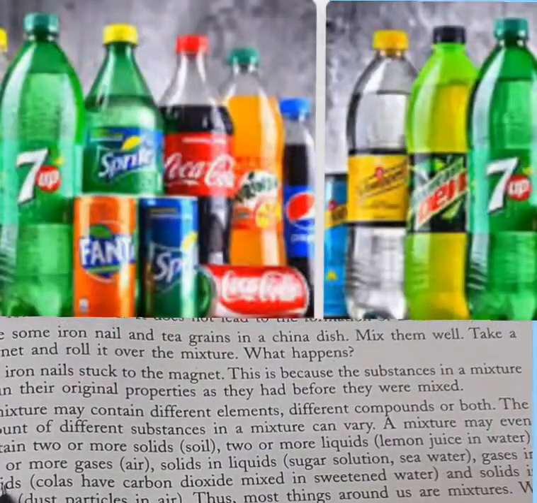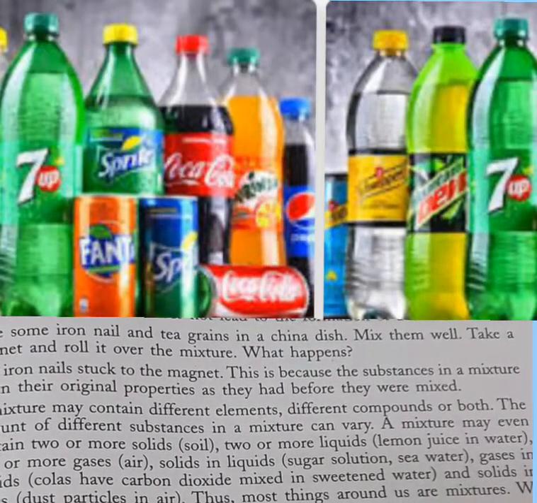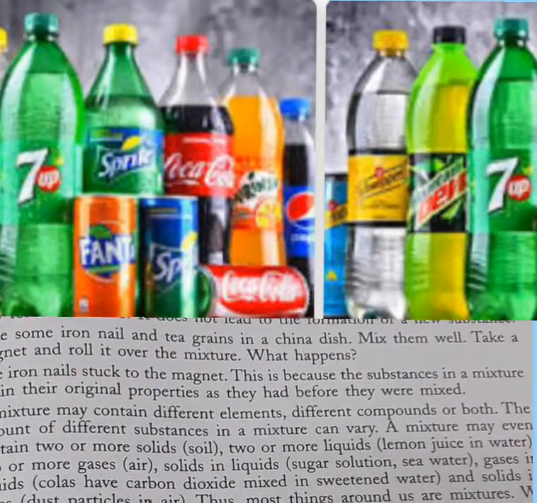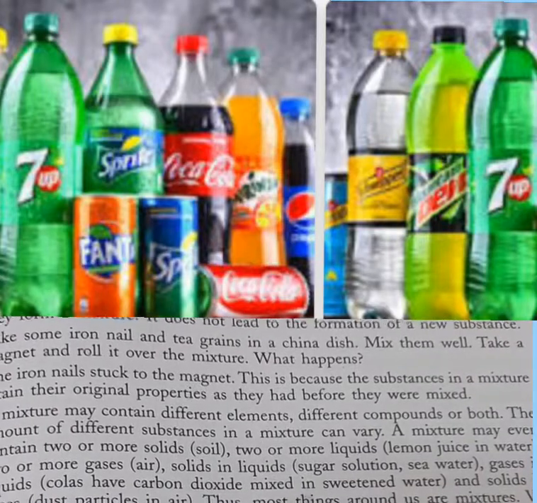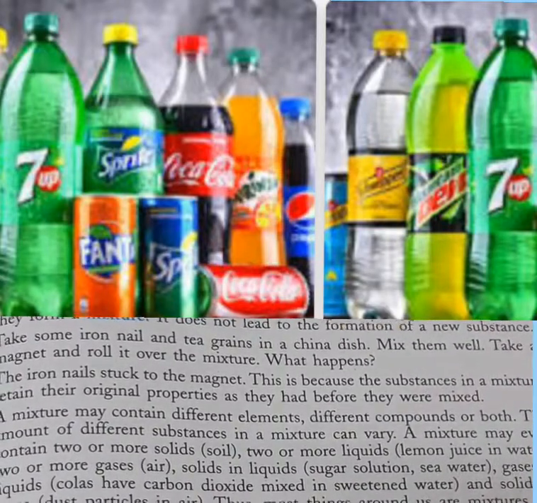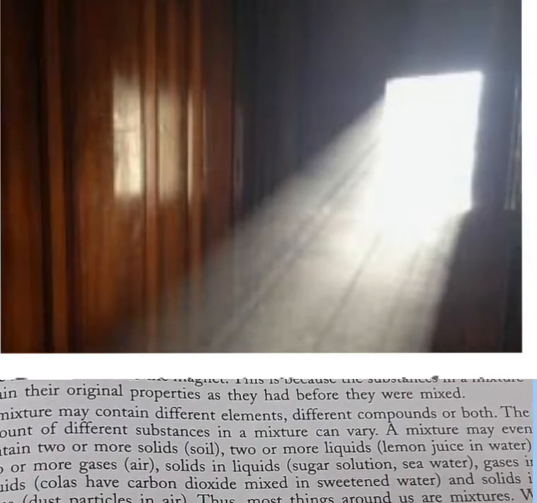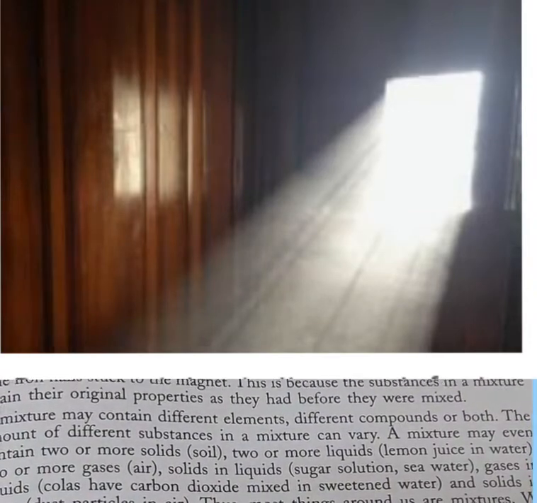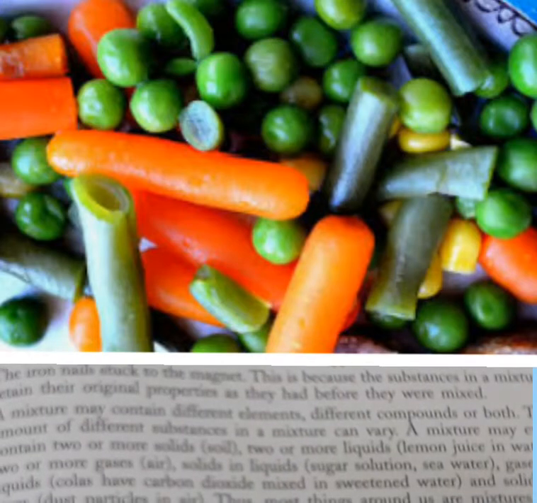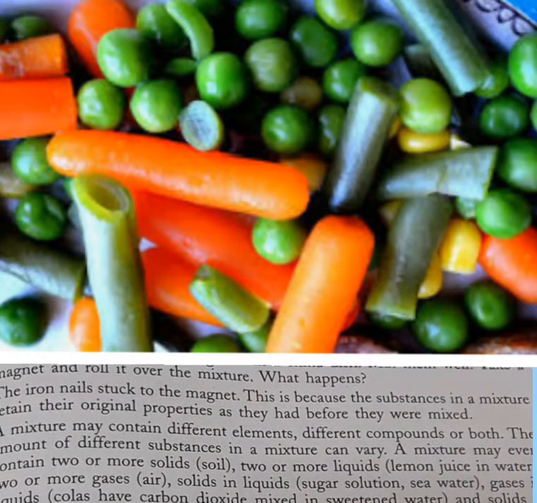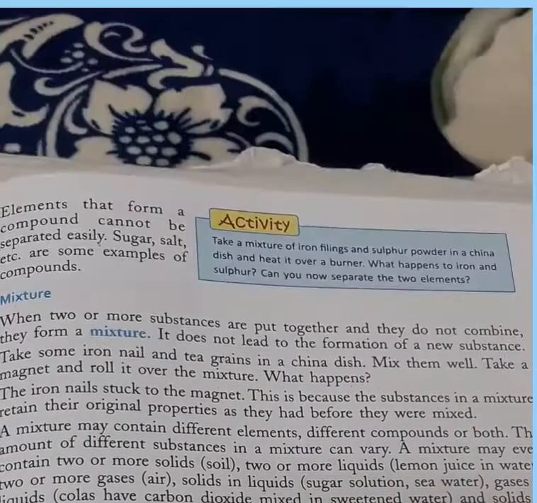Gases in liquids, when you drink cold drink, that is also a mixture, because in that carbon dioxide is mixed with the sweetened water. And solids in gases, like dust particles in the air, there are so many dust particles and they all are solid. Thus most things around us are mixtures. All the things around us are mostly mixtures.